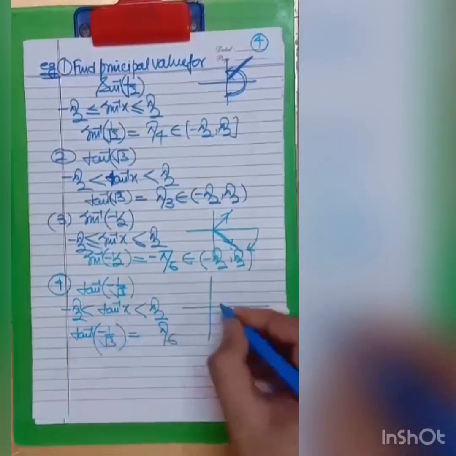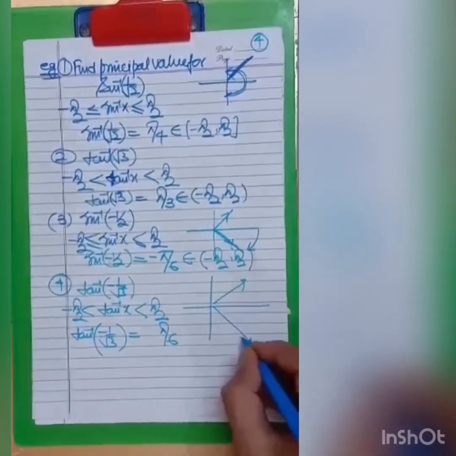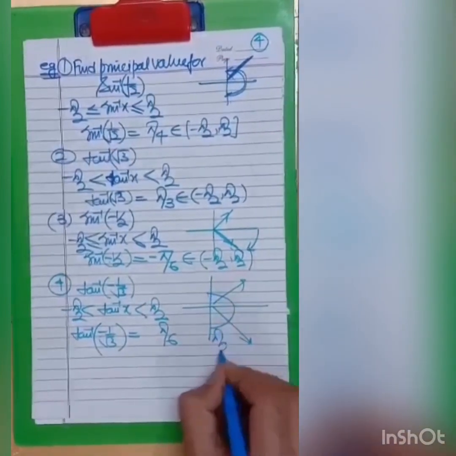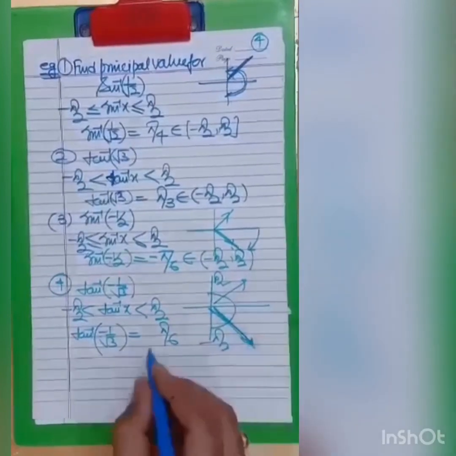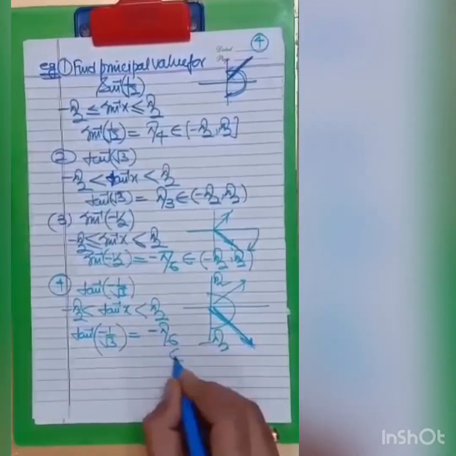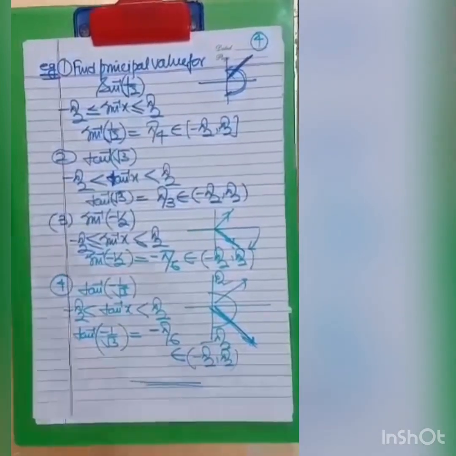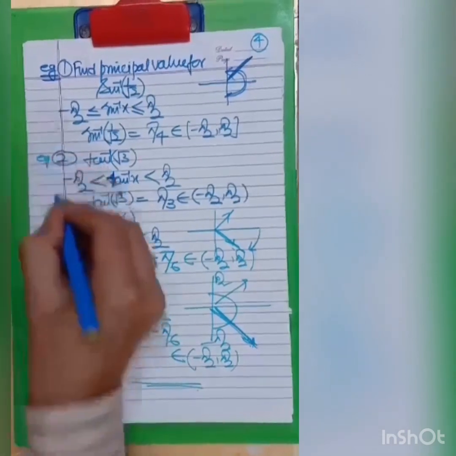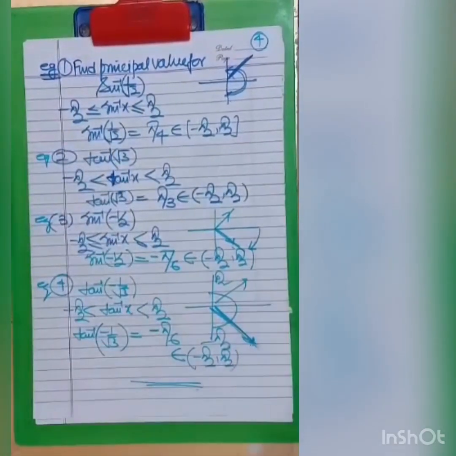Now it is negative. 30 degree is lying in the first quadrant, but negative 30 is lying in this quadrant because our range is minus pi by 2 to plus pi by 2. Your angle must lie in this quadrant. Please remember, we have to put a minus sign in front of it to get our value. It is a simple thing to be used while finding the value. Your principal value branch is the most important thing for you.